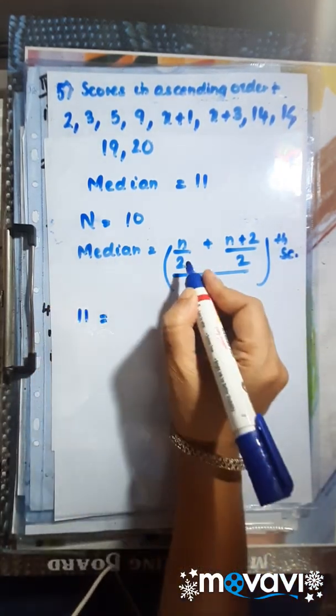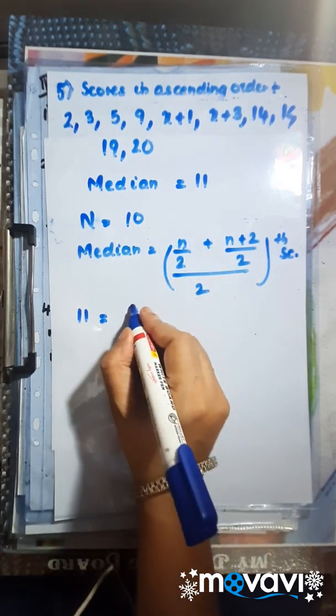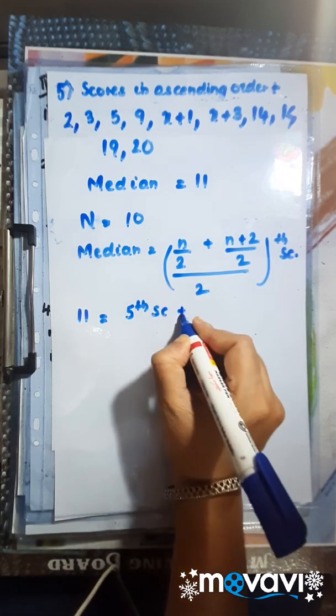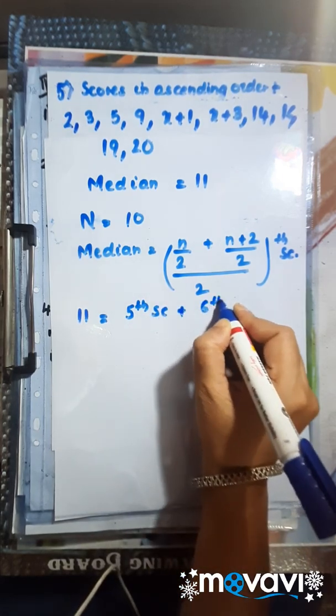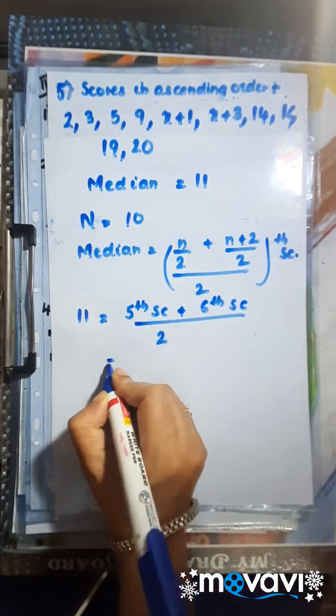What is n upon 2? N is 10 upon 2, fifth score, plus sixth score divided by 2.